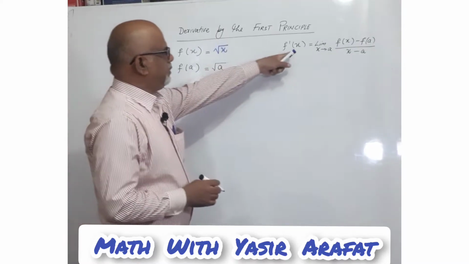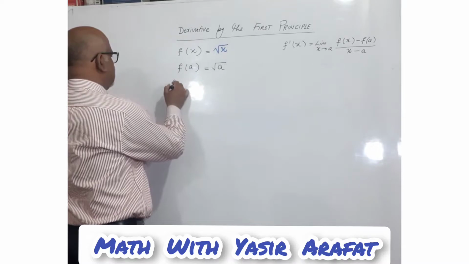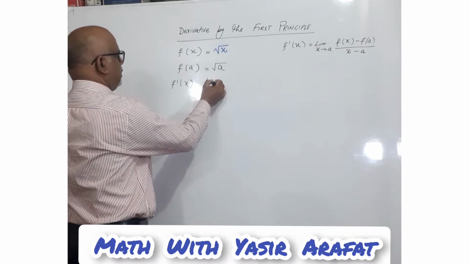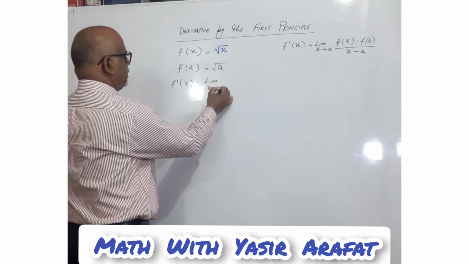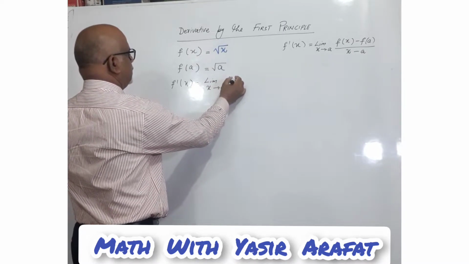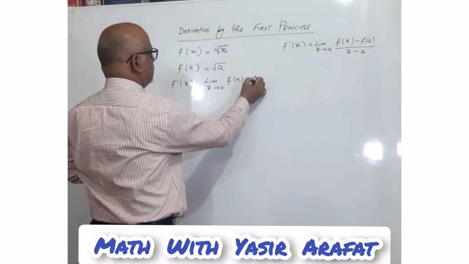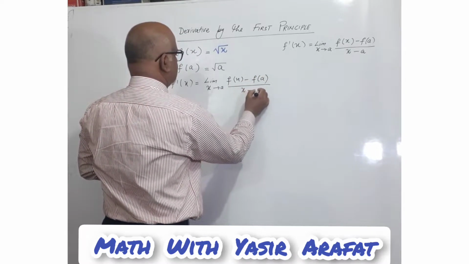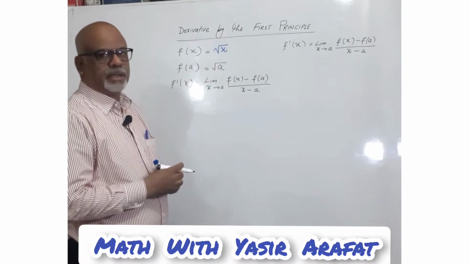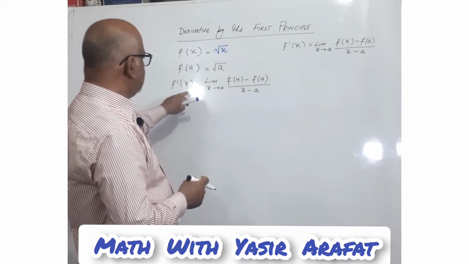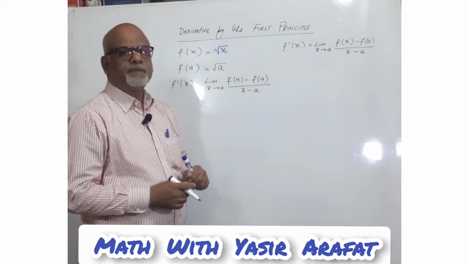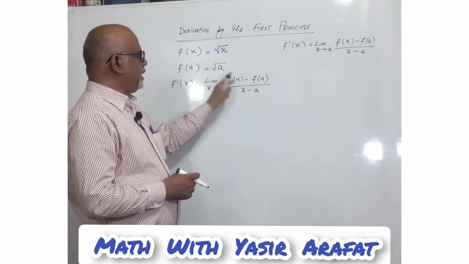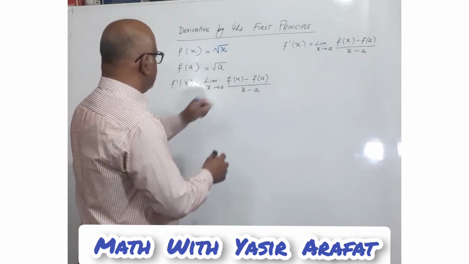Now we have to apply the formula: limit x tends to a, that is f of x minus f of a, the whole divided by x minus a. This is the formula by using the first principle. F of x is radical x, and f of a is radical a. We have to put their values here.